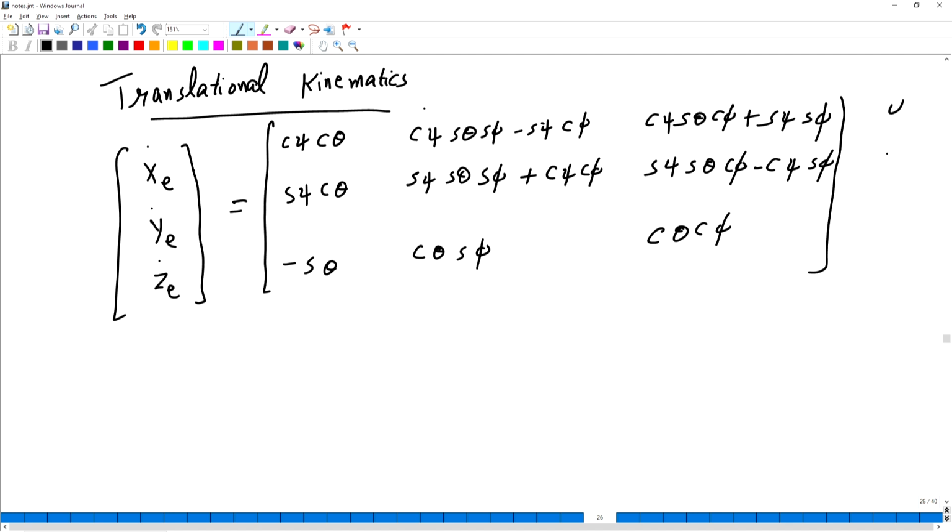This is multiplied by u, v and w. Let me take this as equation number 18.